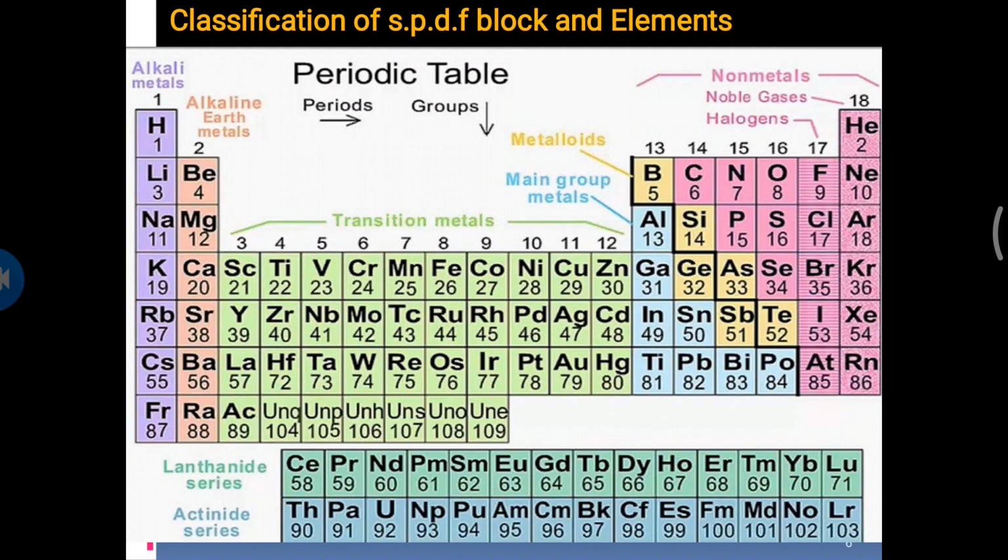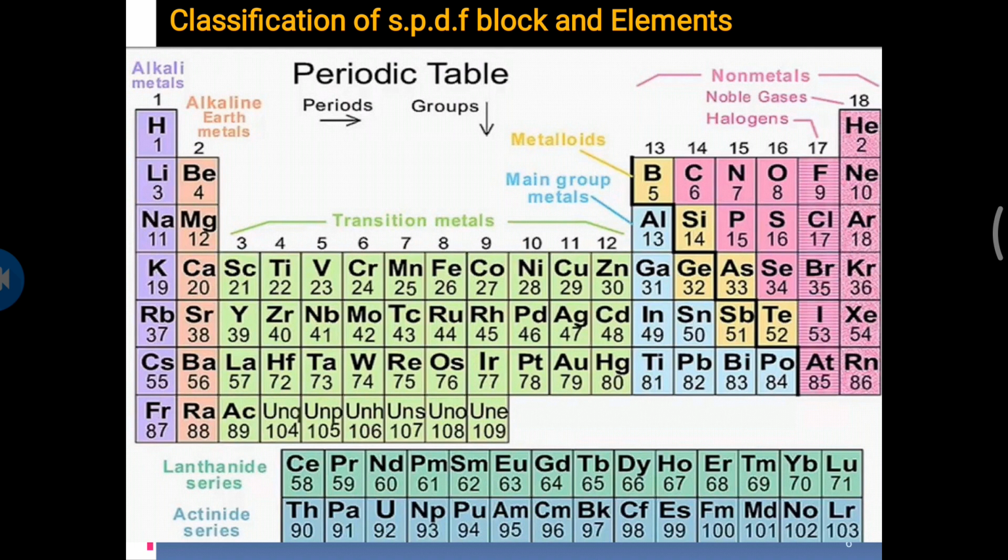Suppose oxygen. Oxygen is a group 16 element. Oxygen gains 2 electrons to form O2 minus, and it belongs to the neon family.